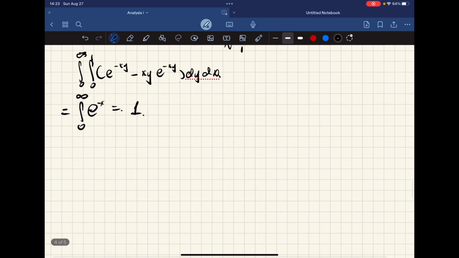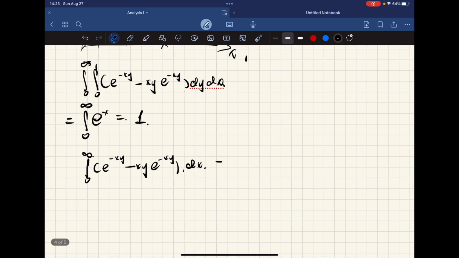However, if we switch the order of integration, so we first integrate with respect to dx, and then dy, let's not worry about dy first. What we end up getting is e to the negative xy, where x of course goes from 0 to infinity. And what we end up getting is 0.